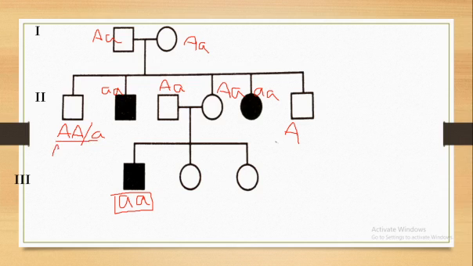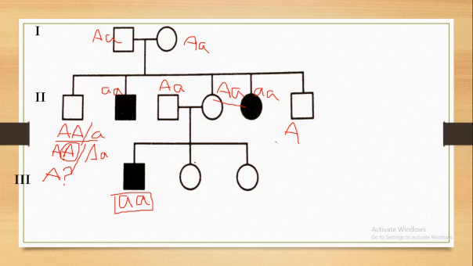Such cases we represent this way. We represent AA slash Aa. Or sometimes it is also represented as A then a question mark. That means we are not sure about the second allele unless and until we see his children. Like in this case, if we would not have seen her children, we would not be sure about her condition.